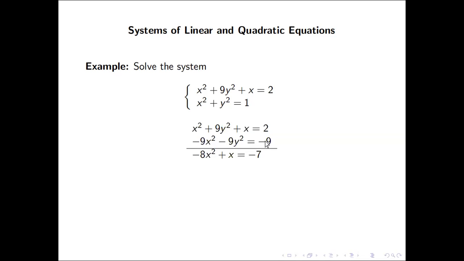And then we add the two equations, thus eliminating the variable y, and we simply have an equation in x alone. This is quadratic, which we know how to solve either by using the quadratic formula or by factoring. It turns out that this equation is factorable. So we will do that.